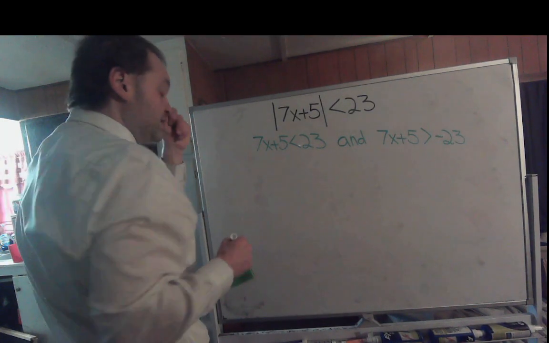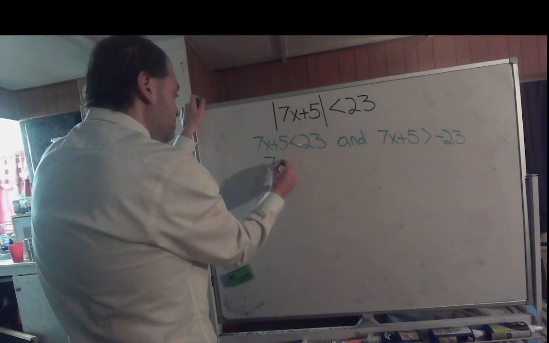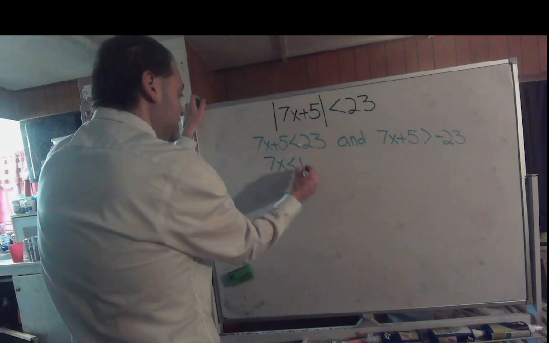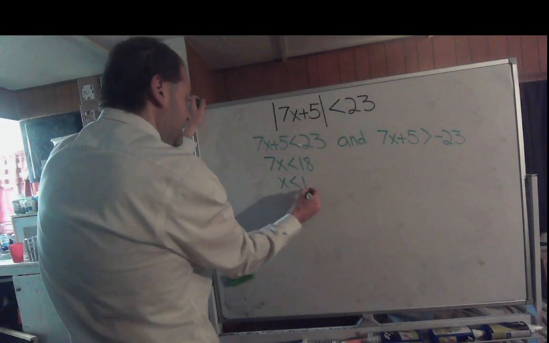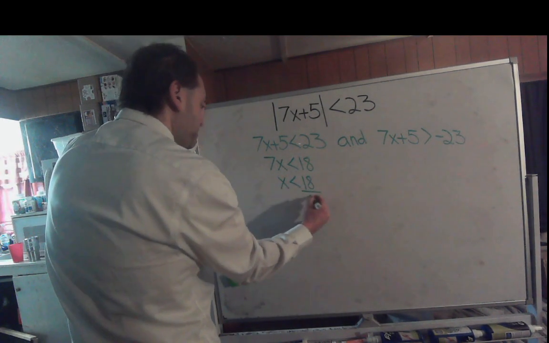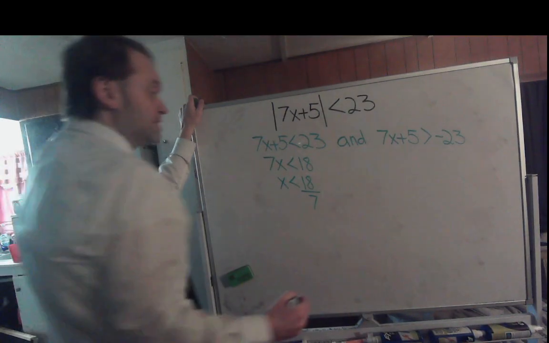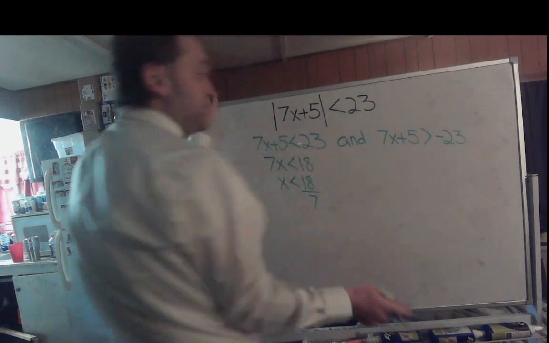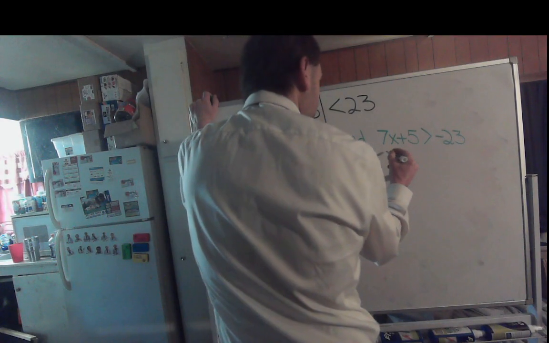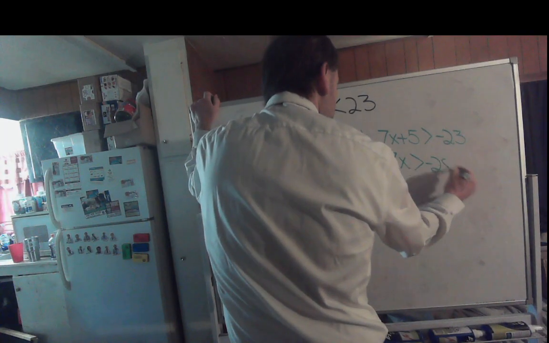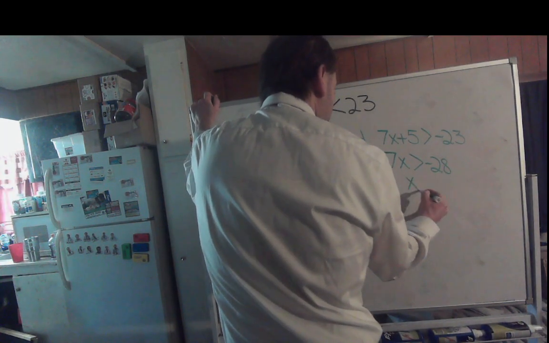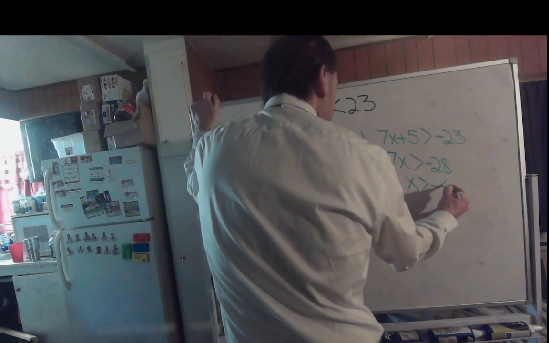7x plus 5 is less than 23 would give you that 7x is less than 18, which would give you that x is less than 18/7. And then 7x plus 5 is greater than negative 23. That would give you 7x is greater than negative 28, which would give you that x is greater than negative 4.